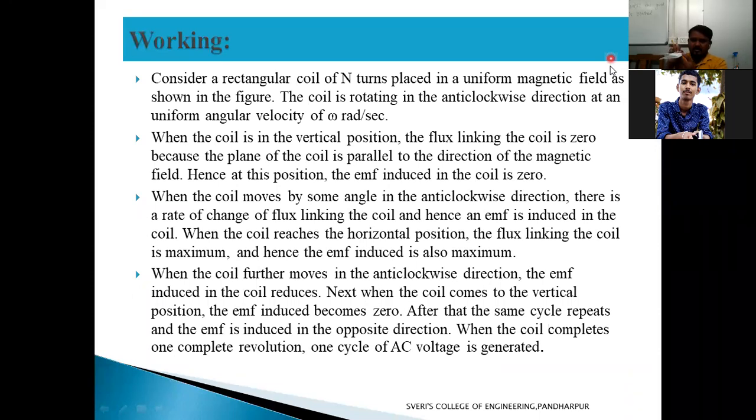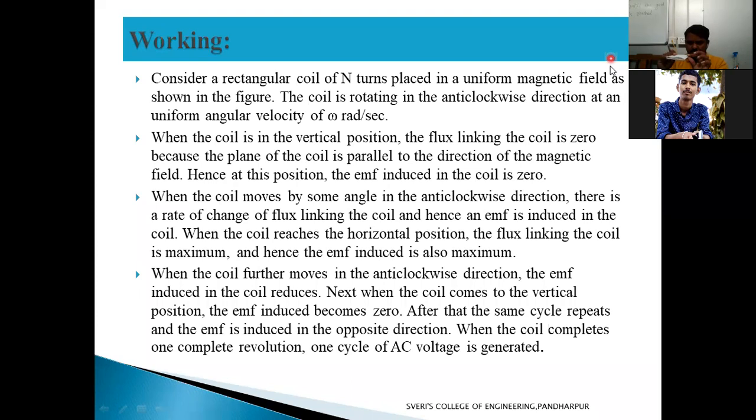It will decrease until 180 degrees. Here it was 0, then it went to 90 degrees, next 180 degrees, the next half cycle. The induced EMF again becomes 0. So from 0 to 90 it goes to maximum, and from 90 to 180 it comes back from maximum to 0.